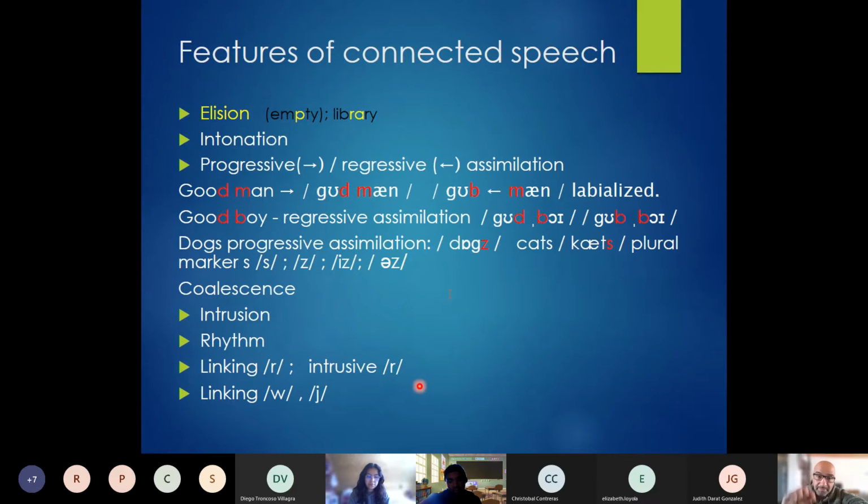Shall we pick coalescence as our next feature of connected speech? I want to try to explain it because I remember. Great, go ahead, please. Be my guest. That is when the last sound of the first word influences the first sound of the next word, but they influence each other. I'm thinking about a good example.